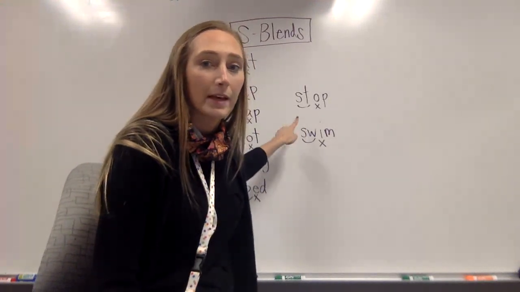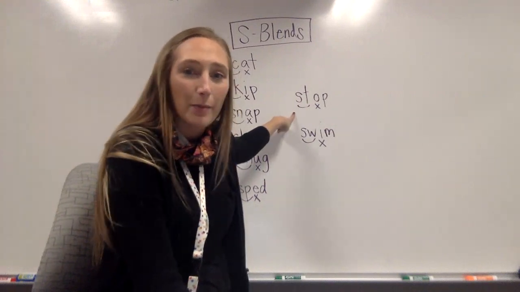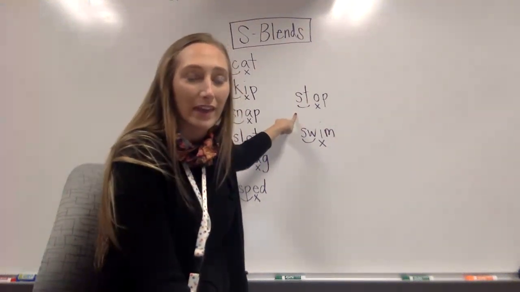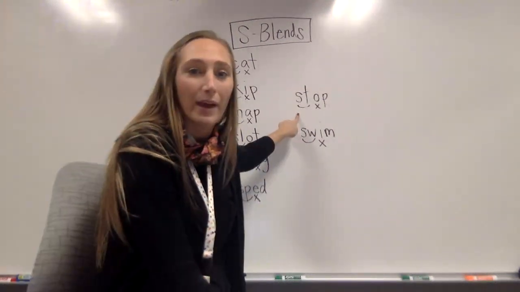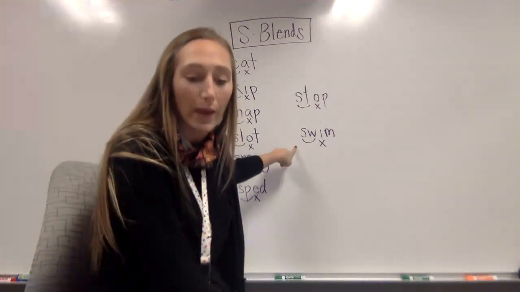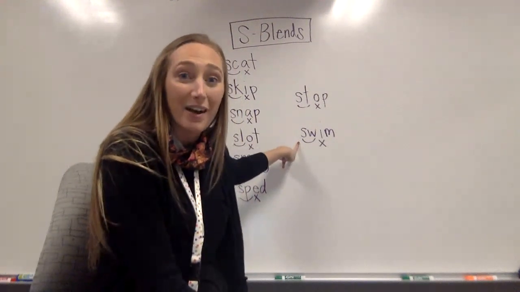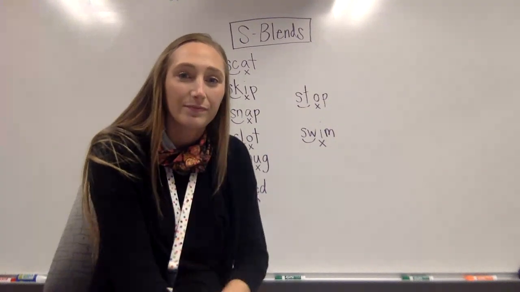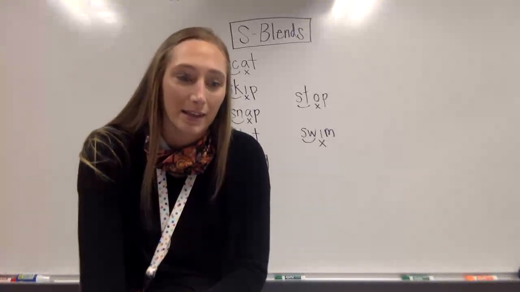For example, stop. I stop at a stop sign when I am driving. Or you have to stop when you see a red light. Swim. I can swim in the deep end of the pool. So it's really important to connect those words with sentences.